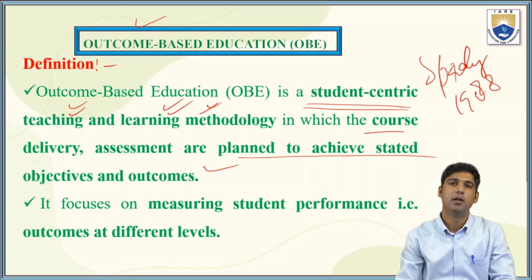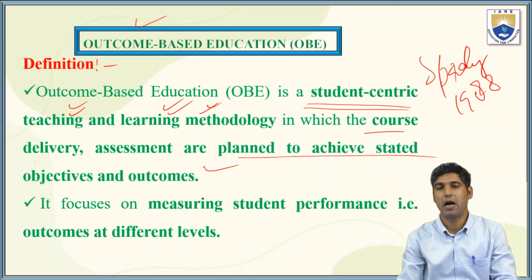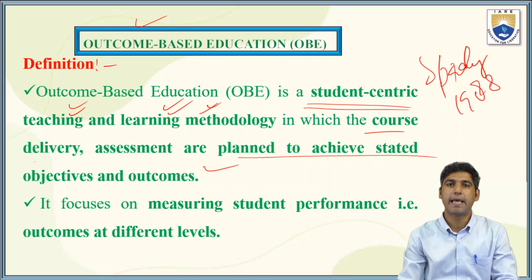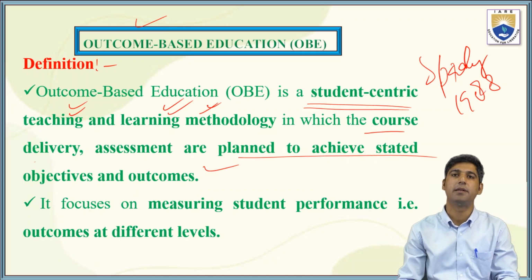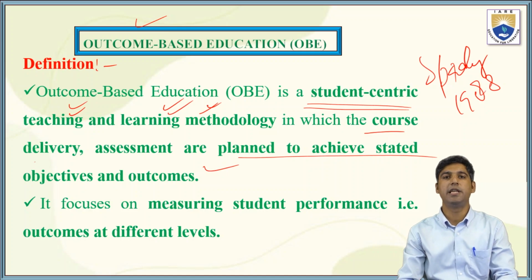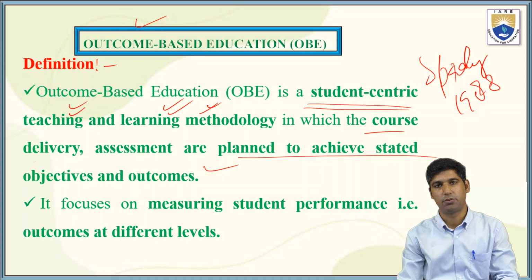As I told you, before taking any course there are some objectives and outcomes. So every lecture and every assessment aims to make the student achieve these objectives and outcomes.